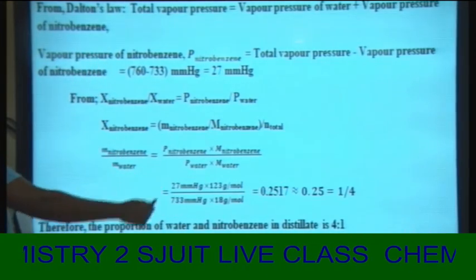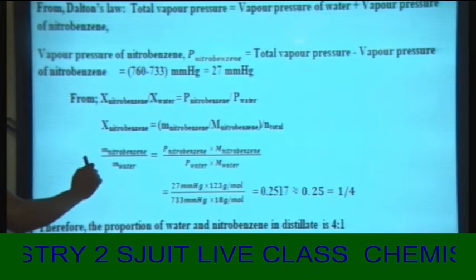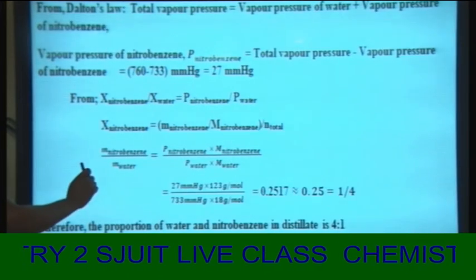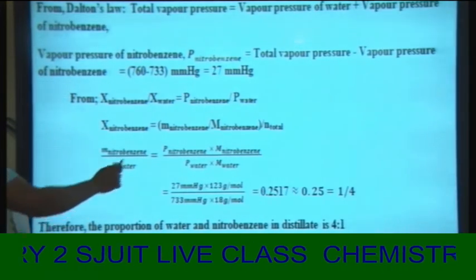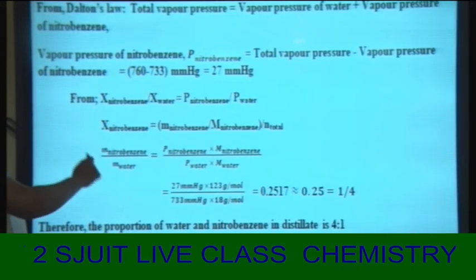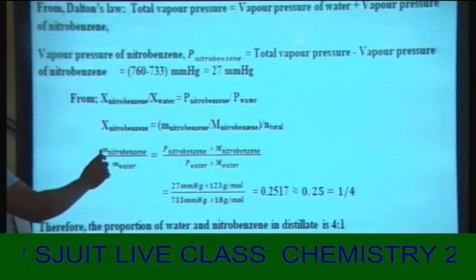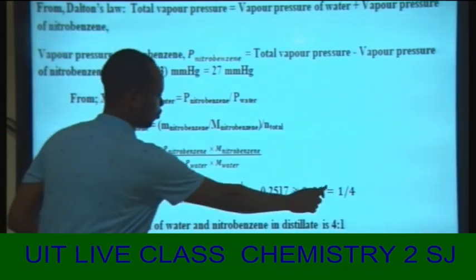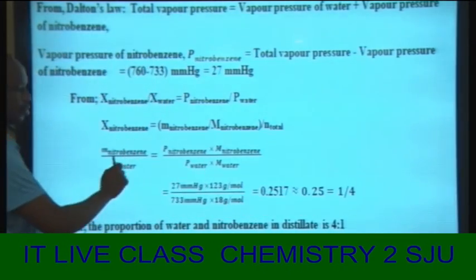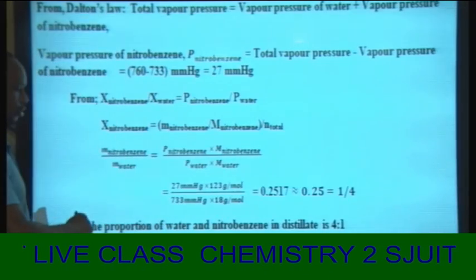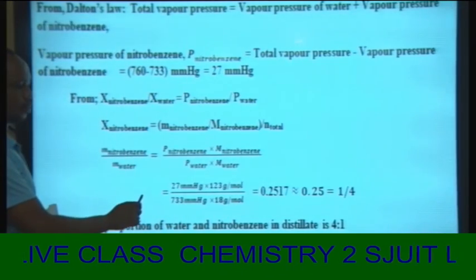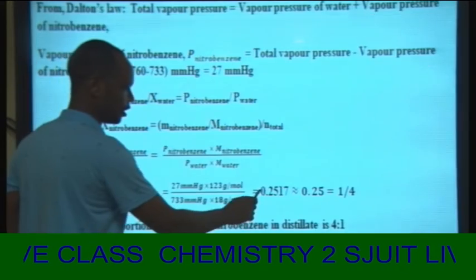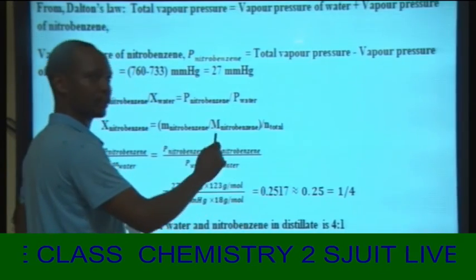This proportion is the mass of nitrobenzene divided by mass of water. We started with mass of nitrobenzene equal to 1 and mass of water equal to 4. Therefore, the proportion of water and nitrobenzene in the distillate is 4:1.